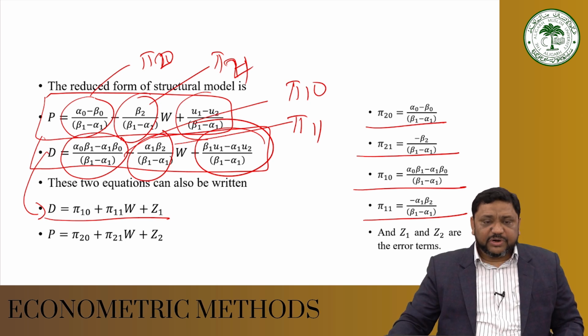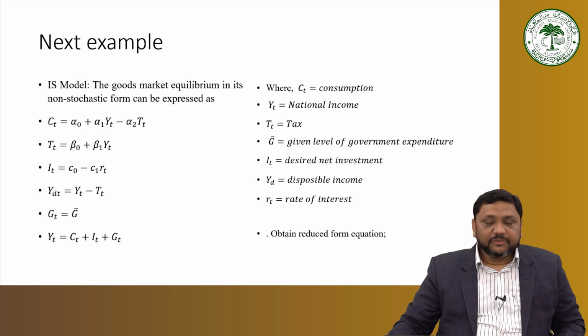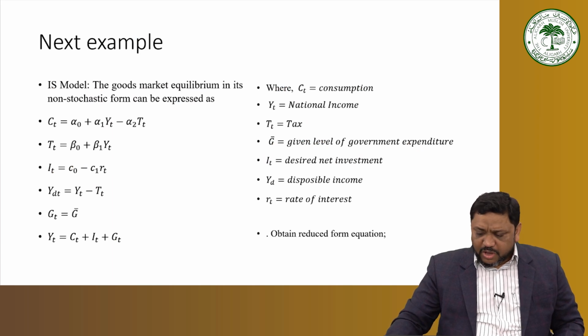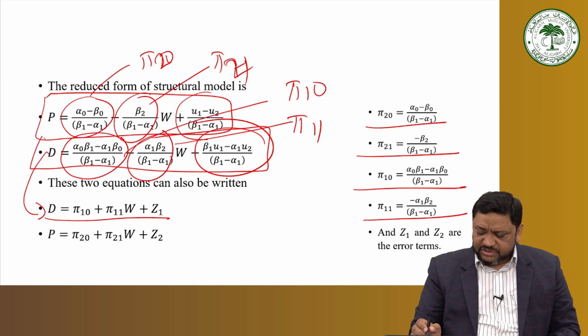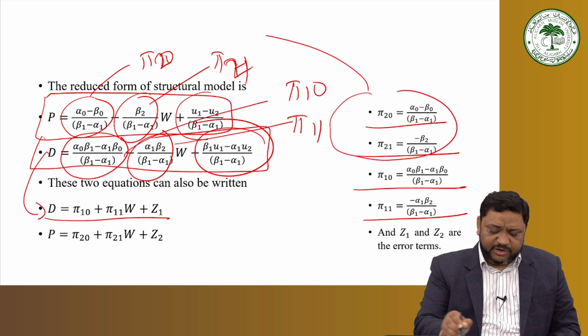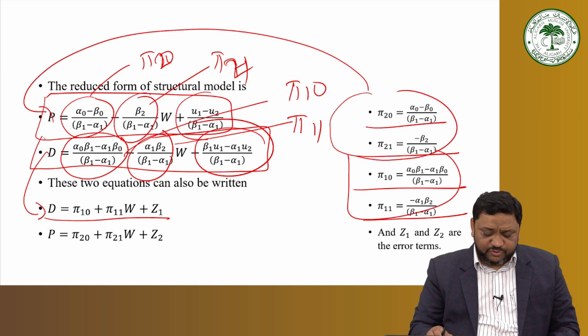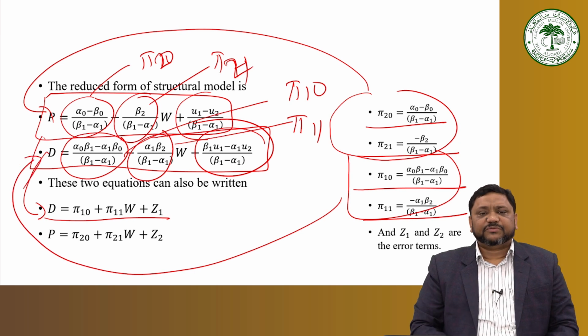So this is how you write the reduced form model. I hope this is clear. These two are related to the P function and these two are related to the D function. So this is how you can write a structural model into its reduced form.